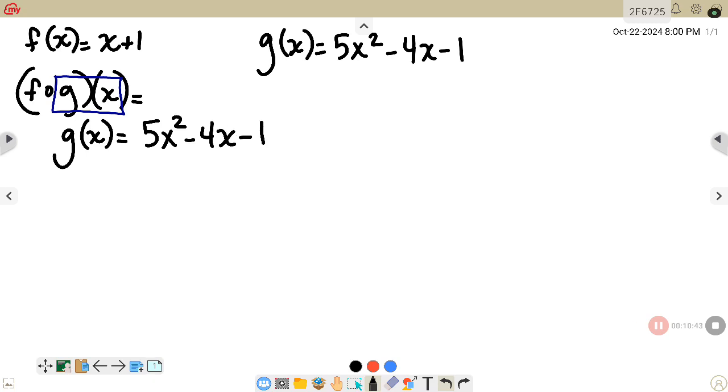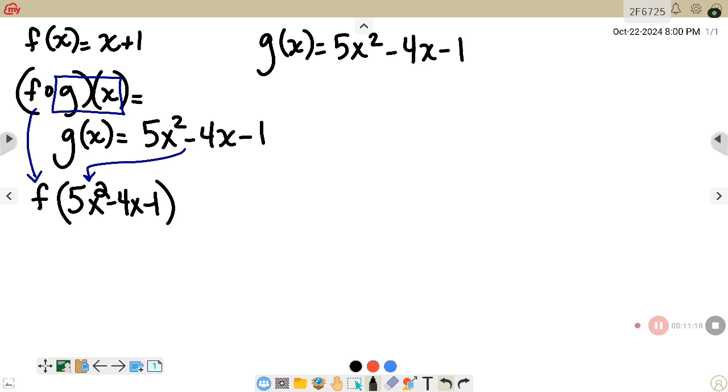And once again, that's just as far as I can take that first step, because none of those terms can combine. So I go ahead and move to the next step, which is to bring down that f, put in parentheses what your last answer was, which was 5x squared minus 4x minus 1.